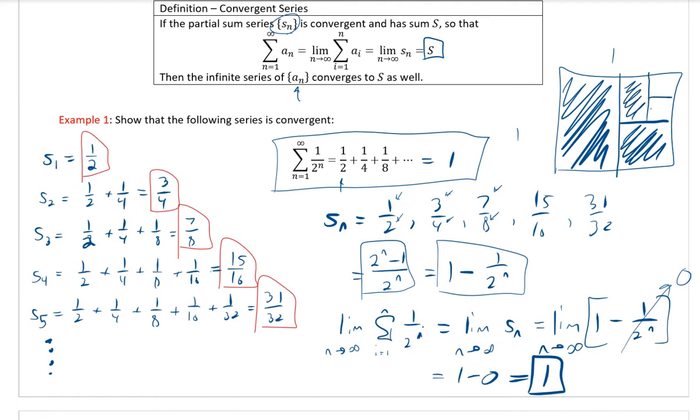And then another 16th, 32nd, 64th, 128th, etc. This is starting to fill out a completely shaded box that's a 1 by 1 box. And 1 times 1 is 1. So, kind of a neat little example with that.